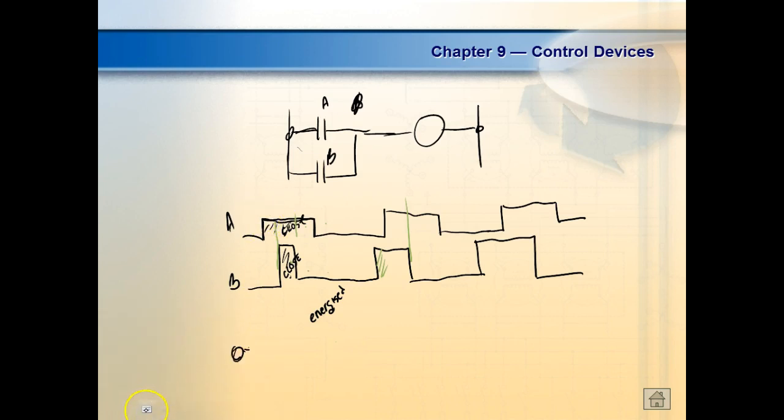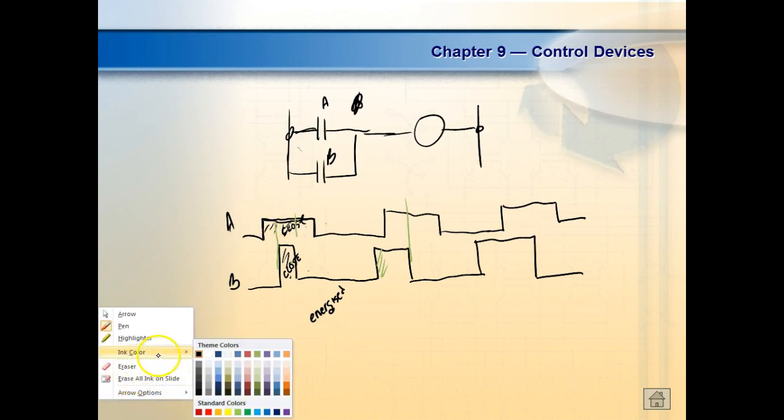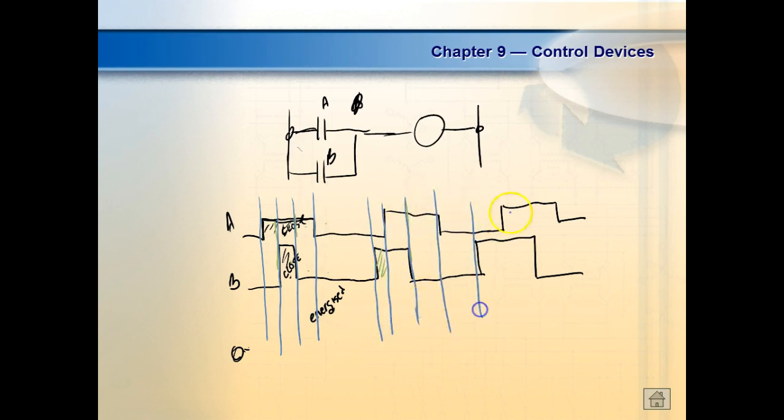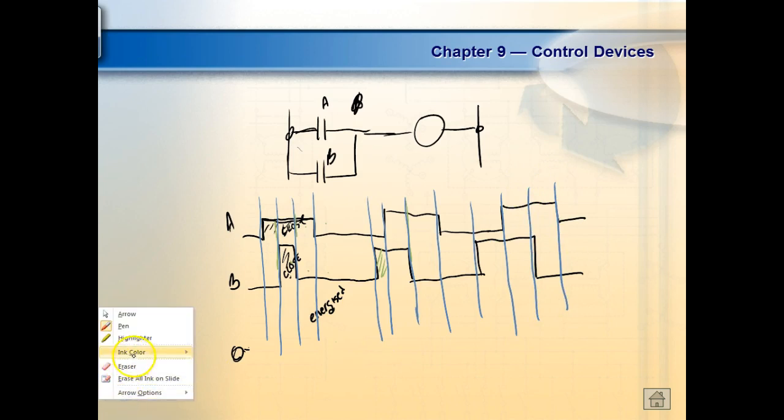I'll do a little better job. I know I'm slanting, guys, but it's good enough for schoolwork, right? Okay, so this says an OR. So what would my output do? So we'd start off what? This would be, let me do a different color.